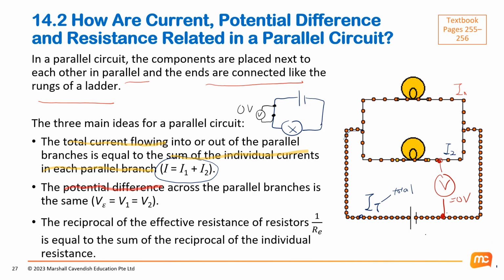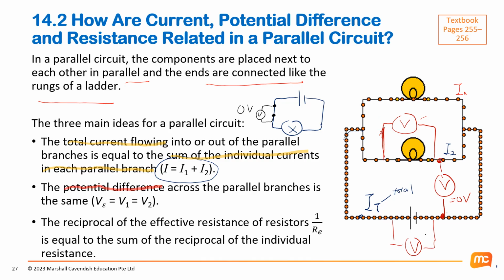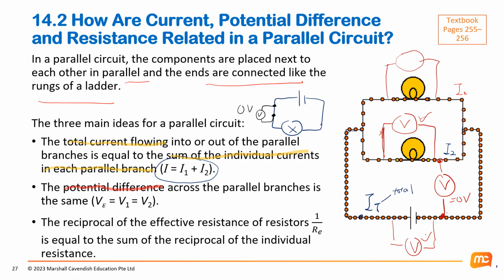But if I were to take this and this, with the bulb in between, then I will get a non-zero reading, and you will notice that this reading will be the same as what comes out from the EMF. Likewise for the other bulb, because to the circuit, this part has no potential difference, so it only matters when it goes to the other side of the battery.